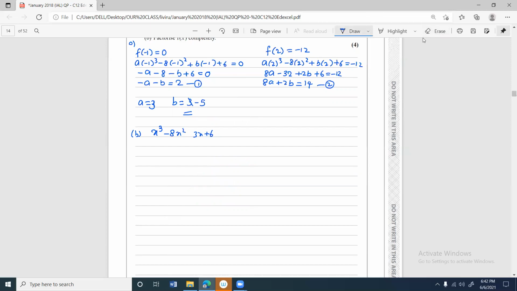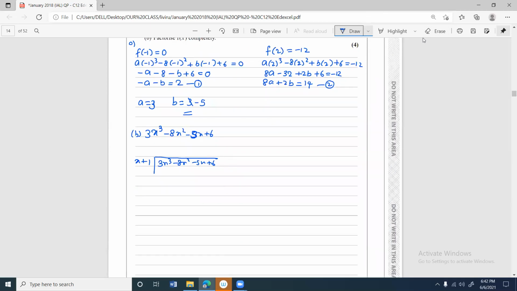So this turns out to be 3x cubed minus 8x squared minus 5x plus 6. You have to divide it by x plus 1.